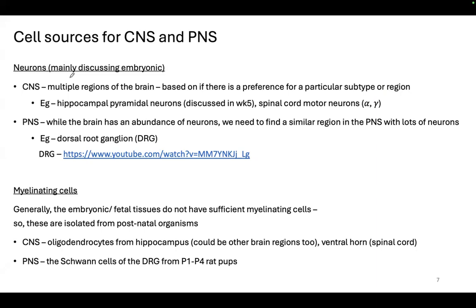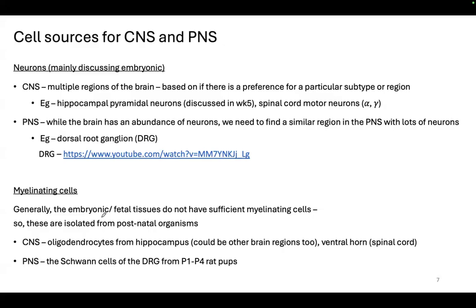You can take embryonic neurons, and then for the myelinating cells, as we just talked about, the embryonic brain, or any other part of the embryo, does not have sufficient myelinating cells. At the embryonic stage, there is not enough myelination to begin with.